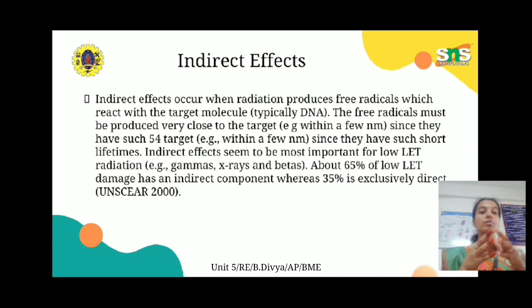About 65% of low LET damage has an indirect component, whereas 35% is exclusively direct. Okay, while doing these scanning procedures, we will have 65% indirect effects in our body, whereas only 35% is direct, which is a minimum percentage.